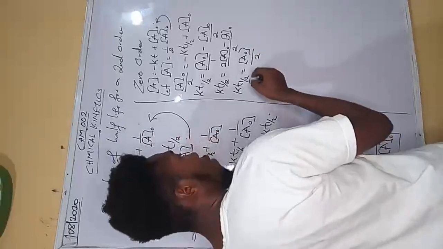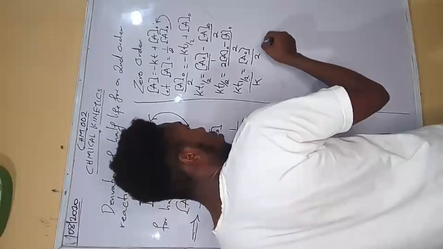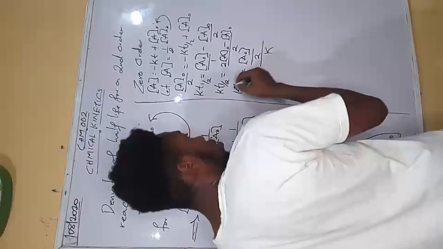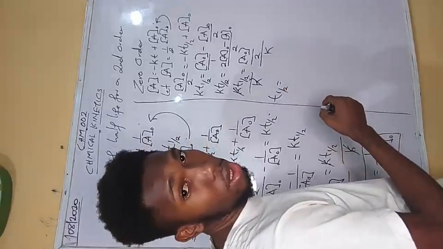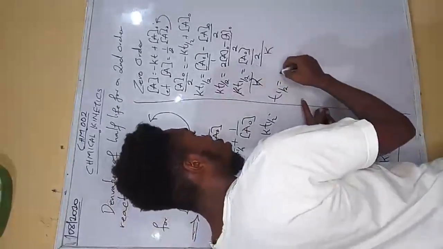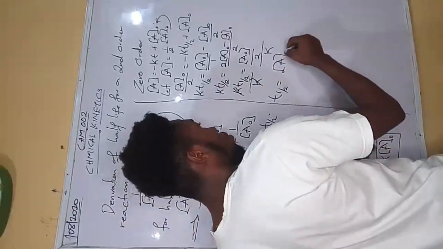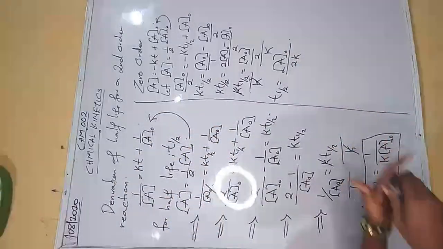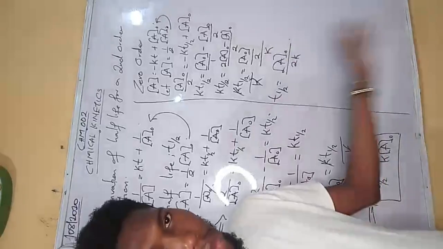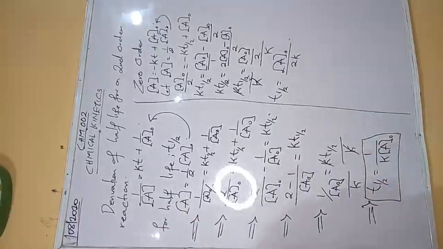Over 2. Divide both sides by K. So we'll be having T half, that is half-life of a zero-order reaction, is going to be equal to A naught over 2K.